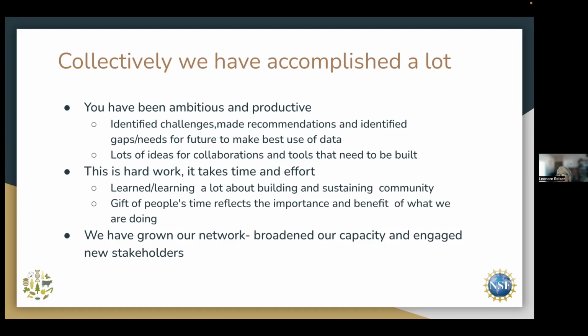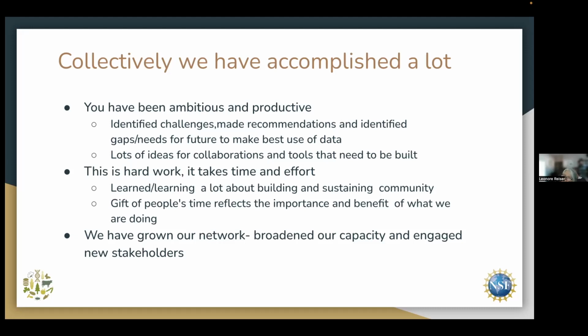So there's been so much work done to identify challenges, to make some recommendations, to find the gaps, and have some really hopeful forward thinking about what we can do in the future to help everyone make better use of data. And I think there have been a lot of ideas floated for collaborations and tools and resources that we need.